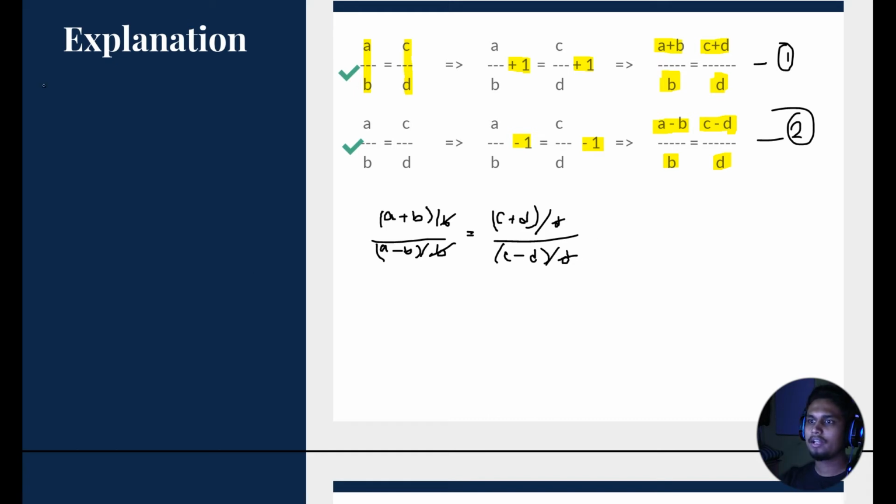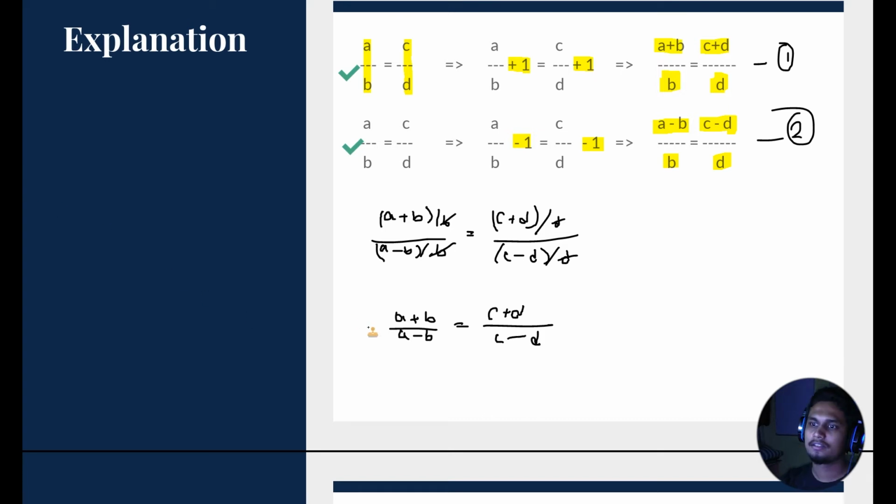So we can easily get a plus b divided by a minus b is equal to c plus d divided by c minus d.